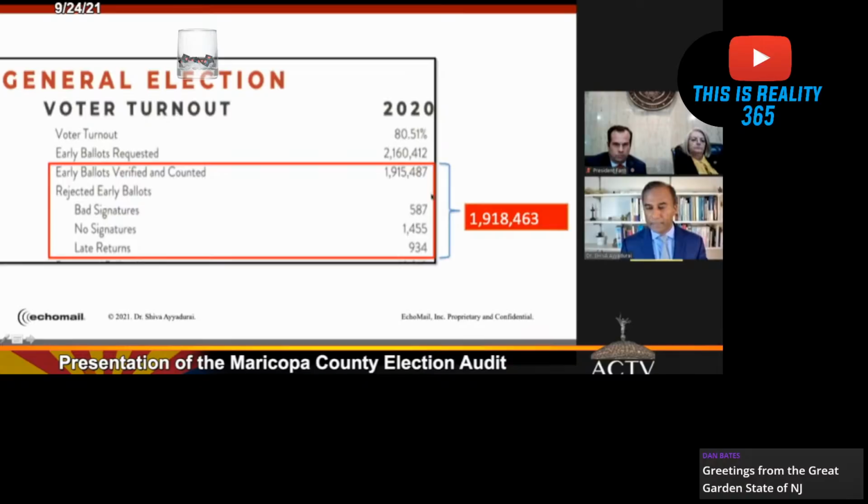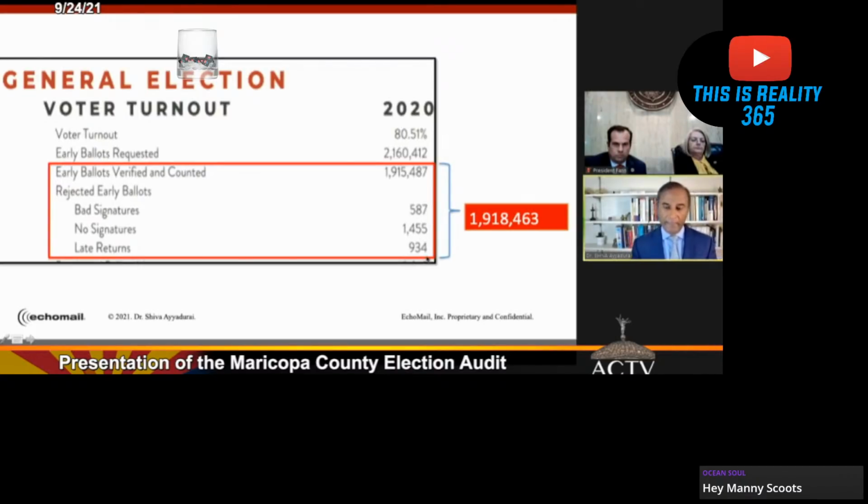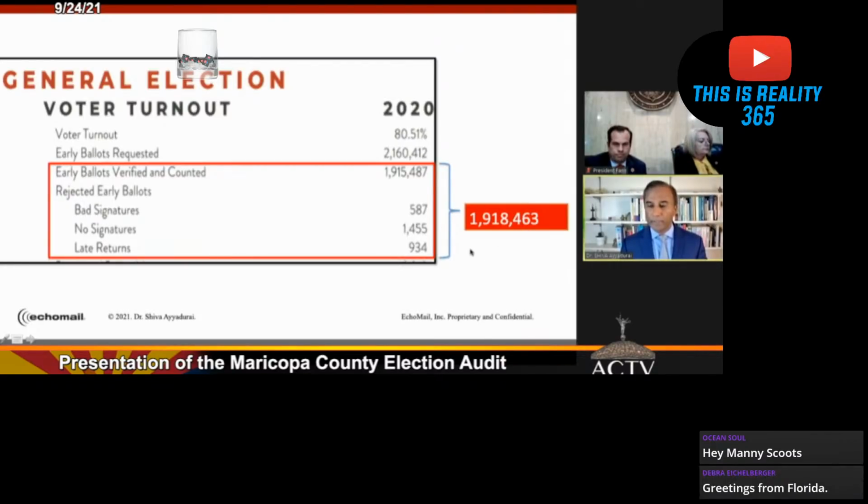And the way we get this number is you take all of the ones that were verified and counted, the ones that were bad signatures, there were some which were no signatures, which were blanks, and then late returns. So to be clear, according to the report, this was a total number of early voting ballot return envelopes received by Maricopa County.